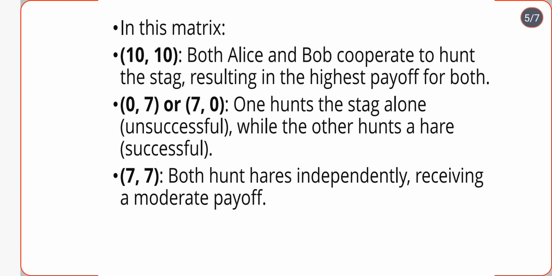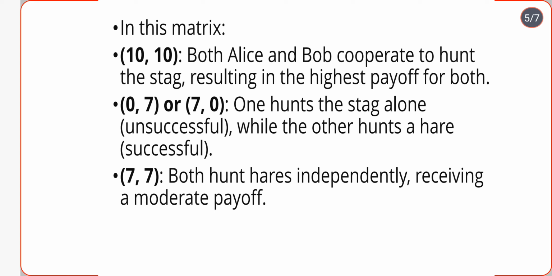In this matrix, 10 and 10: both Alice and Bob cooperate to hunt the stag, resulting in the highest payoff for both. 0 7 or 7 0: when one hunts the stag alone, which is an unsuccessful event because hunting the stag alone is not possible, while the other hunts a hare.